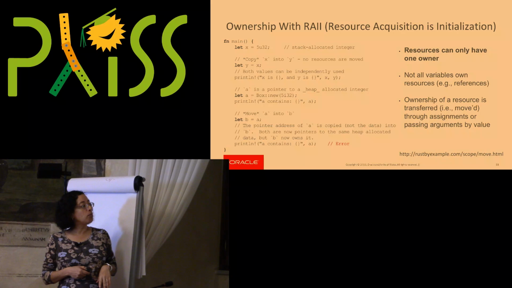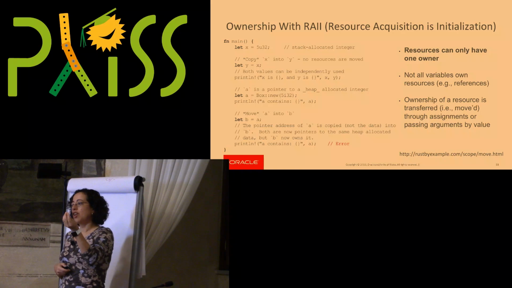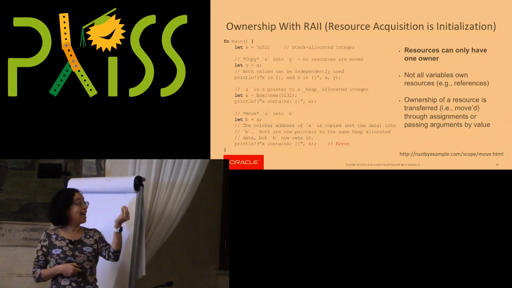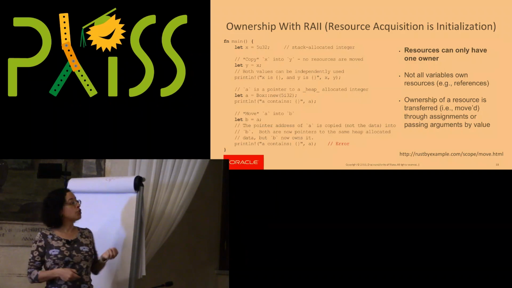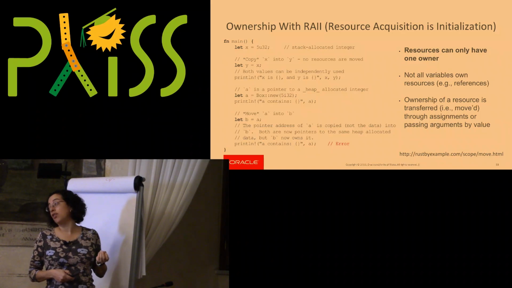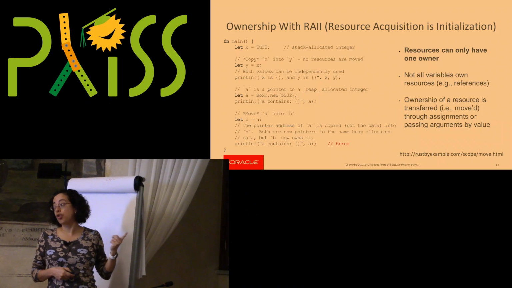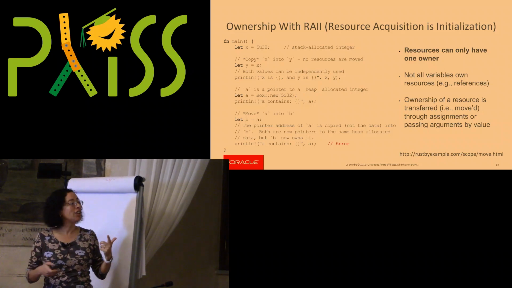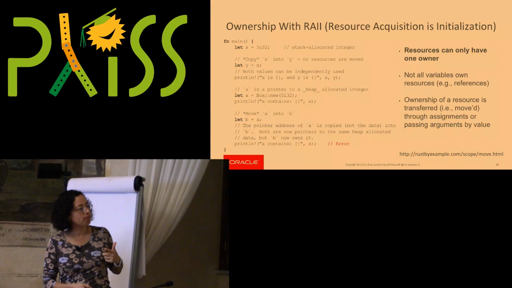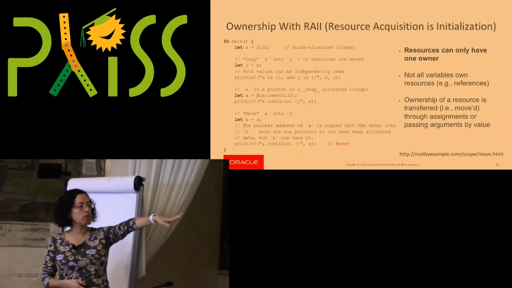When we move a pointer, in this case, we're effectively transferring the ownership that a had of this heap allocated integer into b, right? And so now b owns it, right? And so when you go and try and display the same a, you're going to have an error, right? And Rust will throw that error for you statically, because it's actually tracking who owns what, all right? And that is the example. All of the Rust examples come from some of their websites.